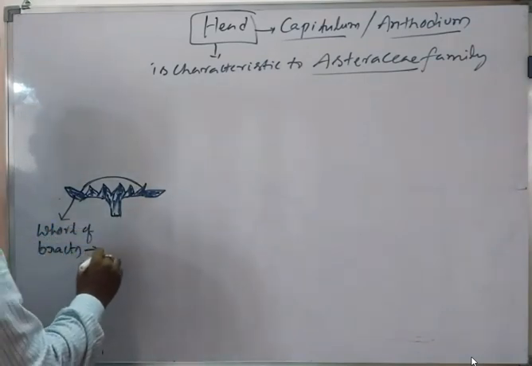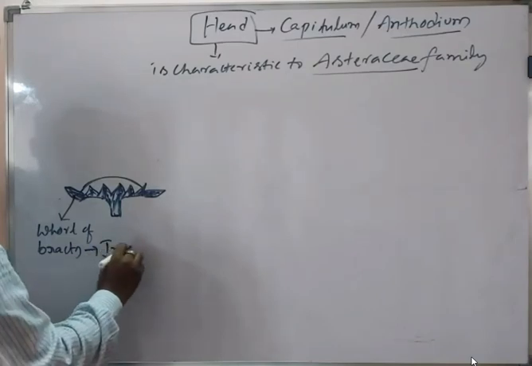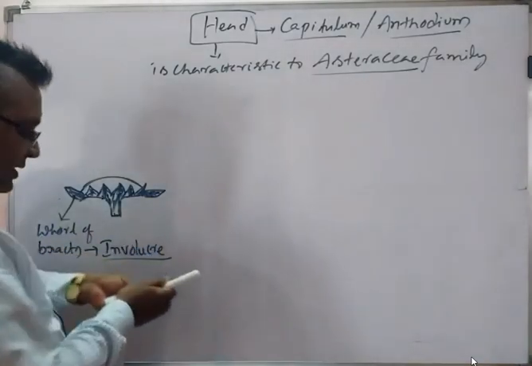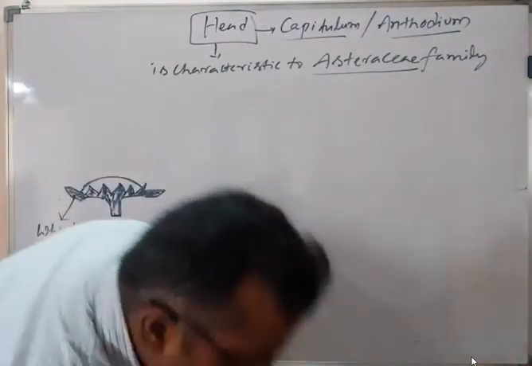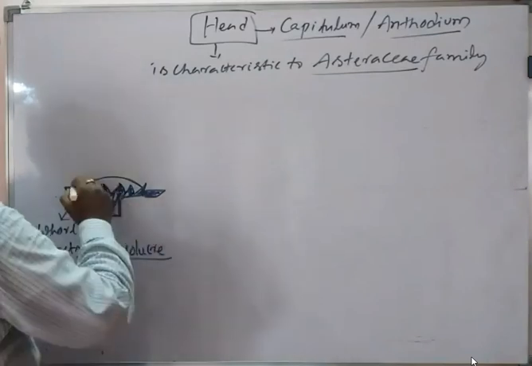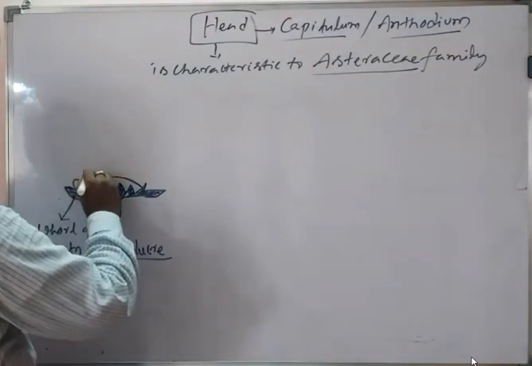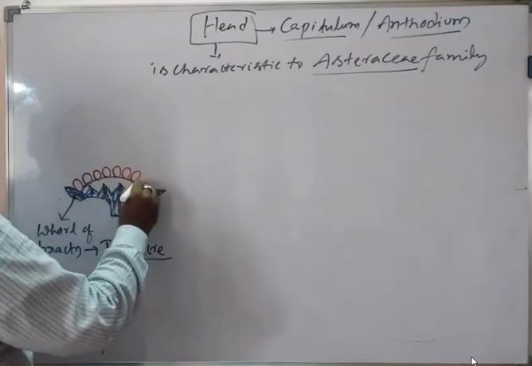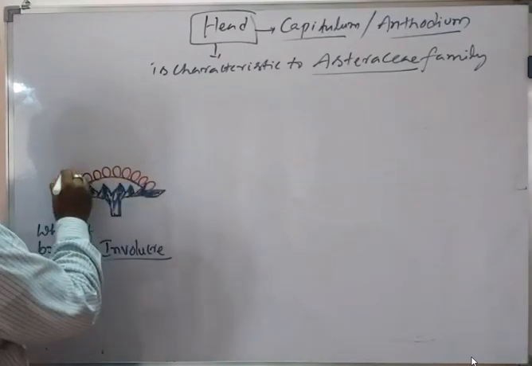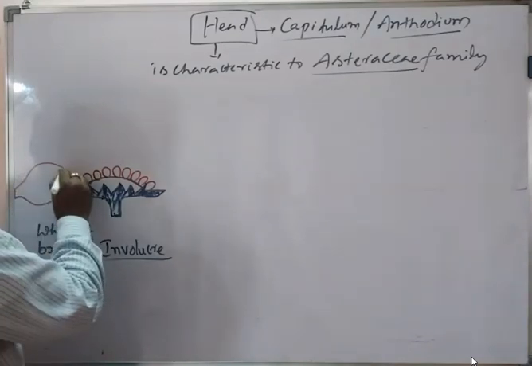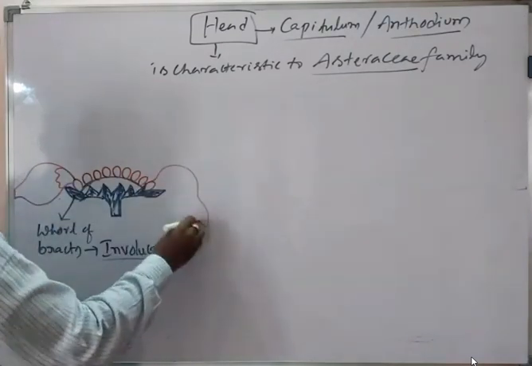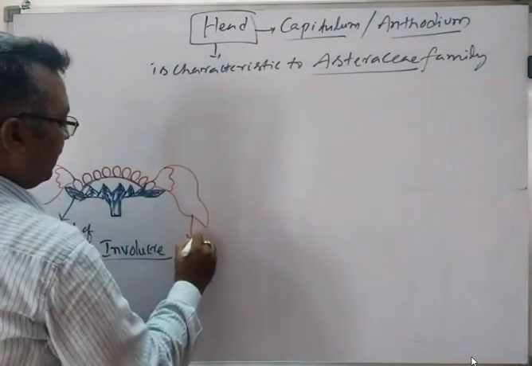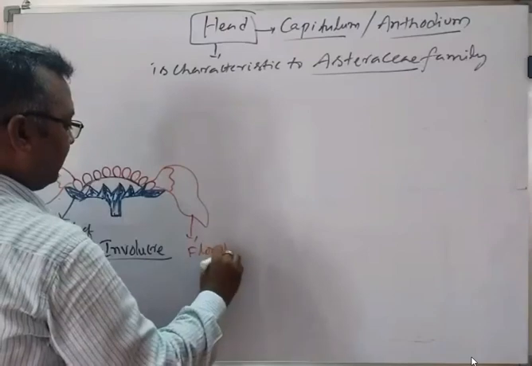This whorl of bracts is called involucre. Here also we use the term involucre, just like in an umbel. On this condensed peduncle, bracteate and sessile small flowers are arranged in centripetal manner. Here the flowers are small and they are called florets. This is a floret. Here floret means flower.